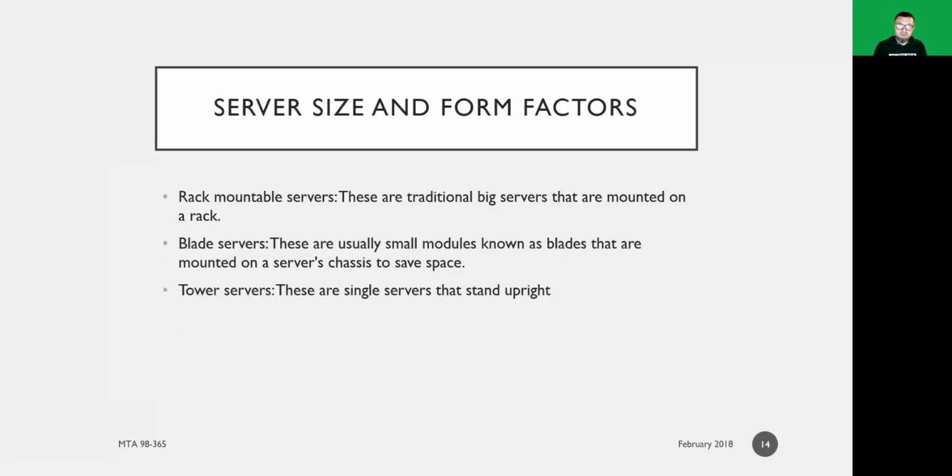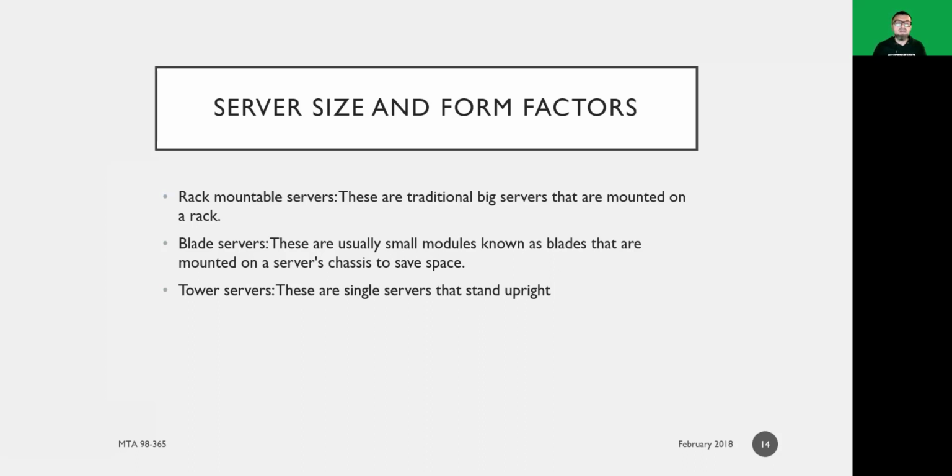Proceeding furthermore, server size and form factors. Servers come in different shapes, sizes and forms, but in general we have the rack mountable server, a traditionally big server that is mounted on the rack. We have the blade servers, small modules known as blades that are mounted to the server chassis to save space.